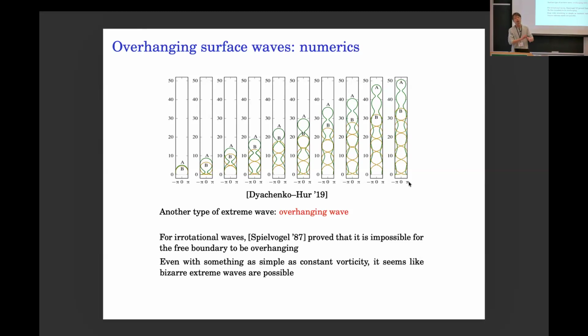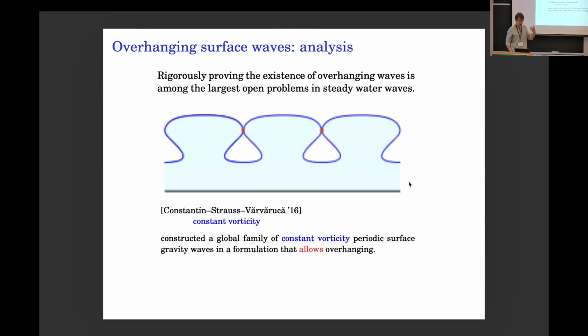So these are all numerics, right? So what about analysis? Is there any analytical justification? Toward that, there's this big paper by Constantin, Strauss and Varvaruca in '16, where they considered exactly the same setup as in those numerical results.